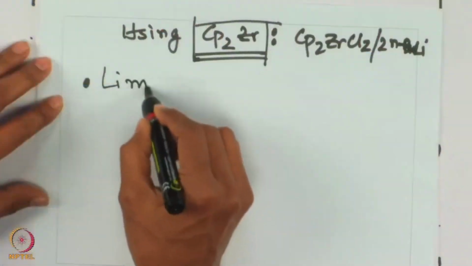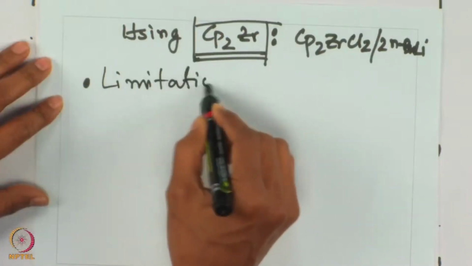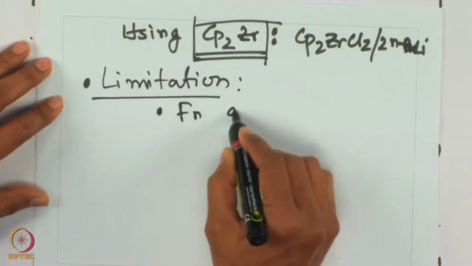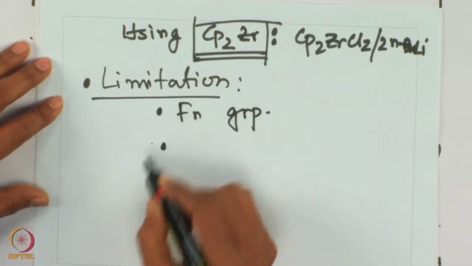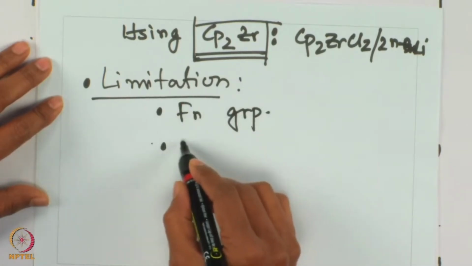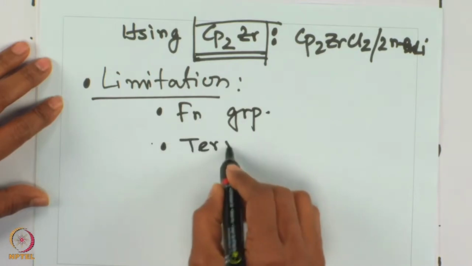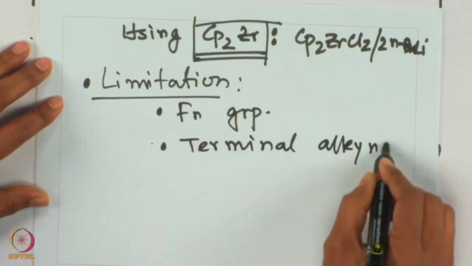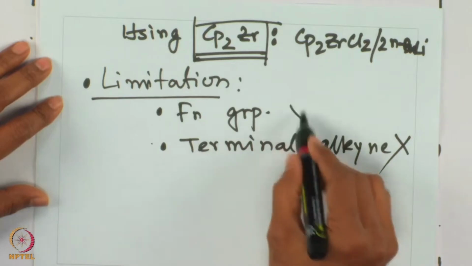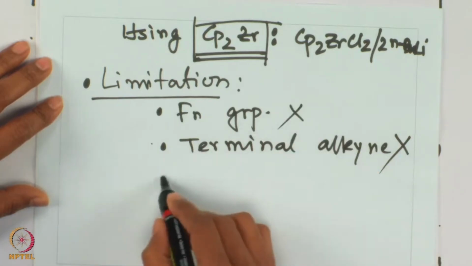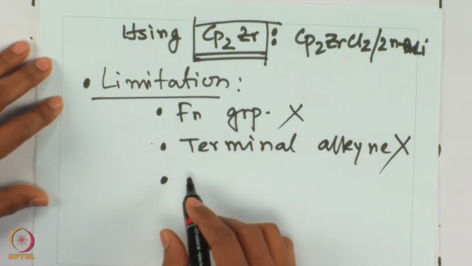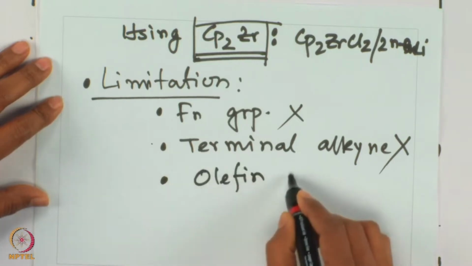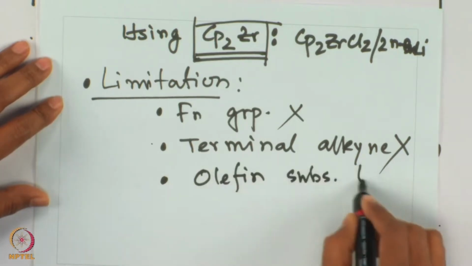So, the limitations of these methods are very simply that functional group compatibility is not very high. Terminal alkyne does not work for this process. We always have to deal with the internal alkyne, and substitution on the olefin is also limited.